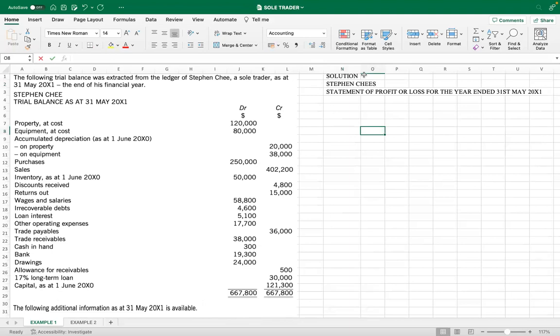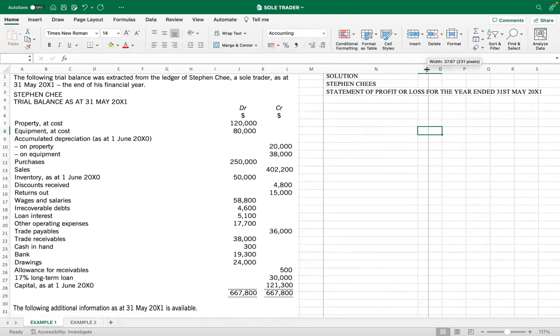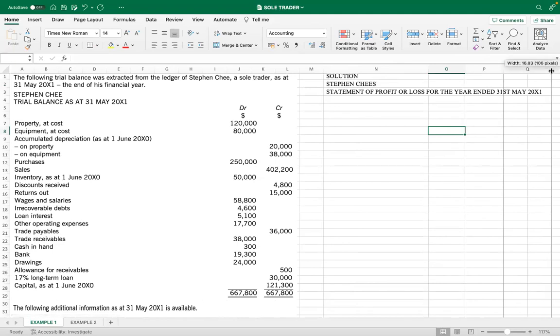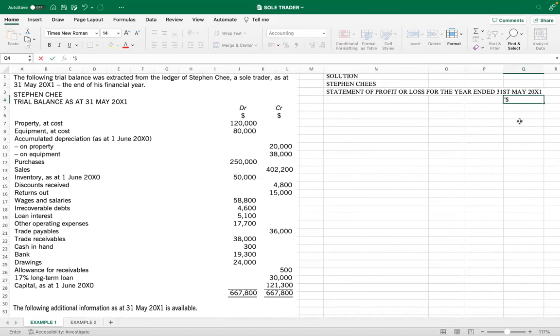So that is our statement, 31st May 20X1. Okay, so we'll be preparing this statement as at 31st, and we were working in dollars. Our currency of operation is dollars.